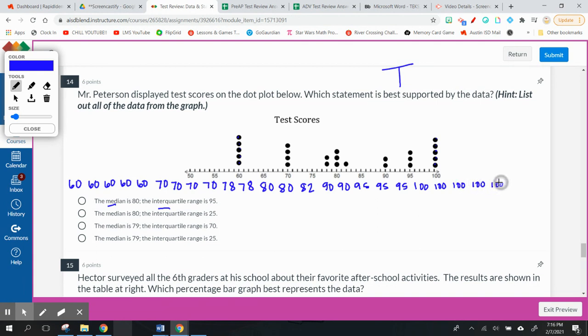List everything out. All right. Again, we just double check. We've got 5 60s, 4 70s, 2 78s, 2 8... Oh, SpaghettiOs. I only listed out 2 of them.